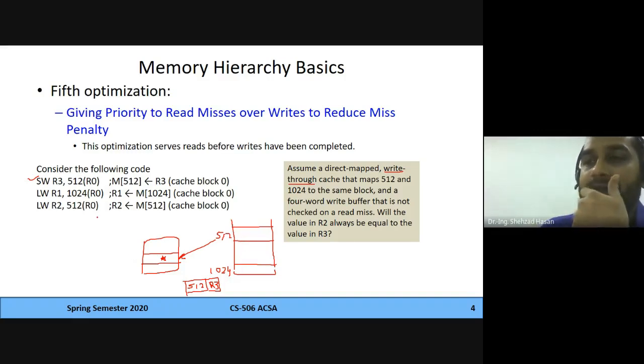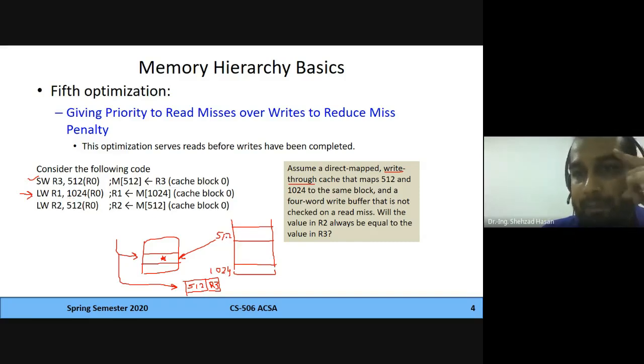So what happened was that the processor executed that instruction, had stored the value of R3 in cache and also in the write buffer, and had assumed that this value has been written. Okay. Then in the next instruction, we are loading something from 1024. Now, as we said, both of these blocks are mapped to the same line, so either 1024 or 512, any one of them can come to the cache.